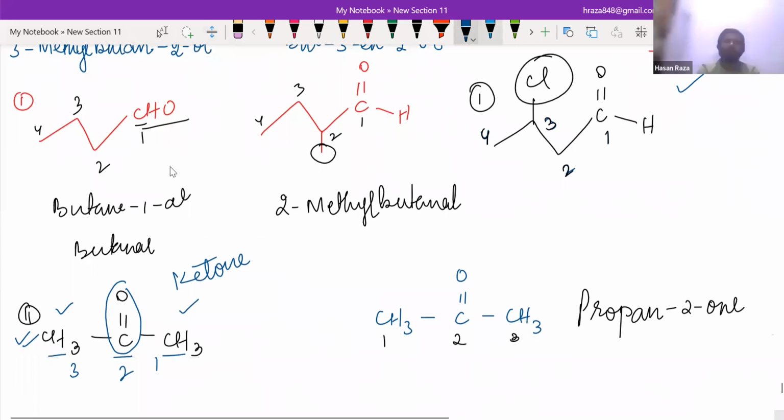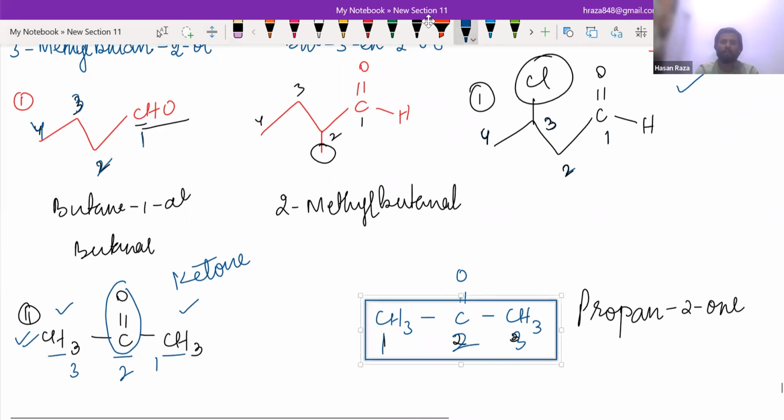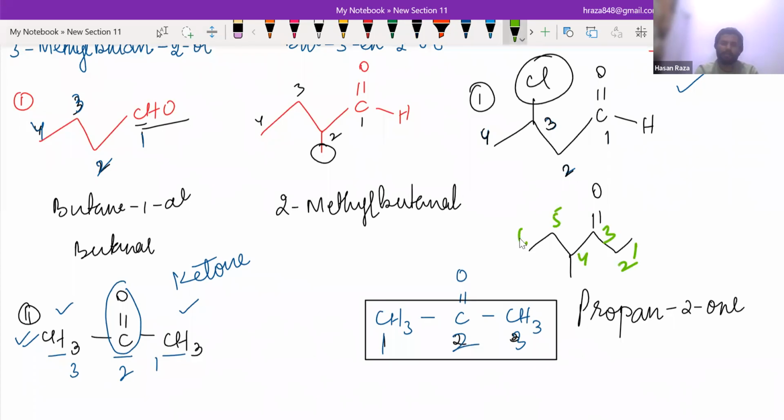See, if you can count the number of carbon regularly, then that is the parent chain. Like if you count, you can see 1, 2, 3. So this is your parent chain, not any substituent. But if you are unable to count the carbon regularly, like if I'm giving you like this, you have to jump to here to count it in the parent chain. So this is your substituent. Are you getting my point? Yes, sir.